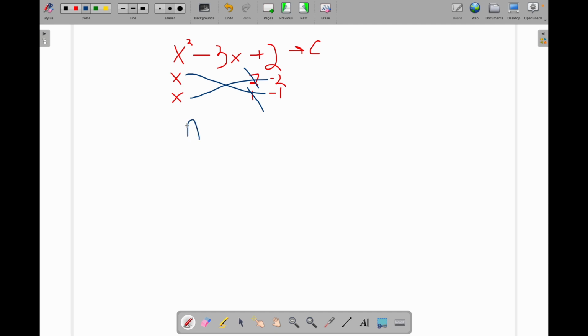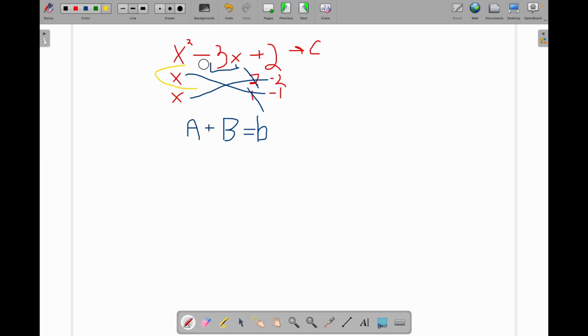When you multiply with the ones across, you'll get two values. Let's just call them capital A plus capital B. When you get these two values, this should equal your lowercase b value when you cross multiply them.